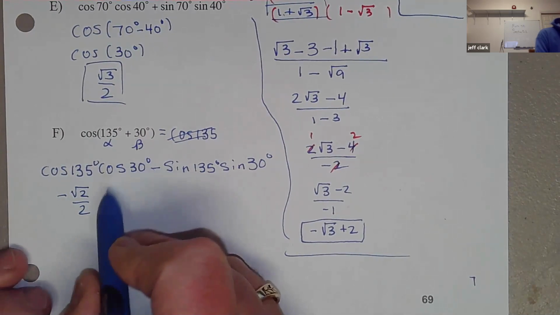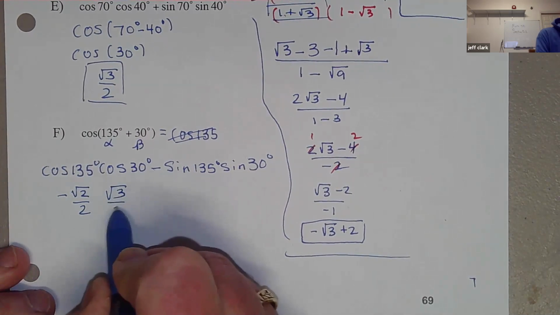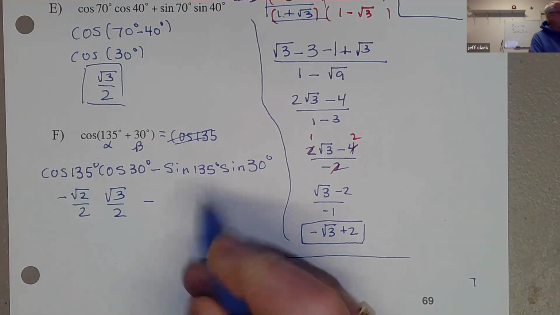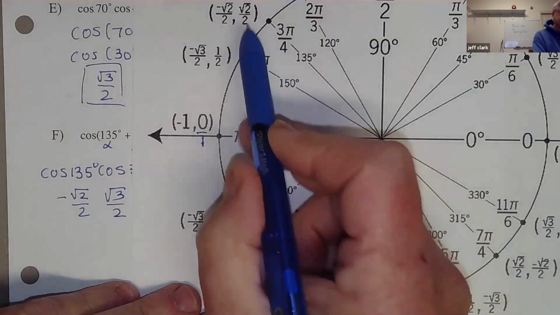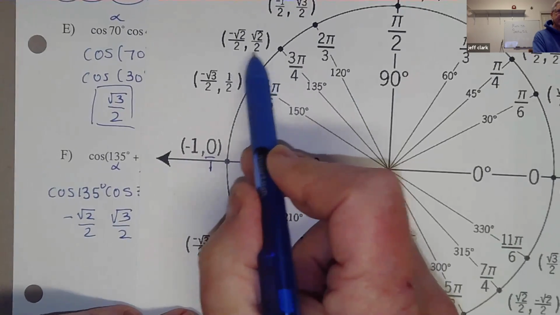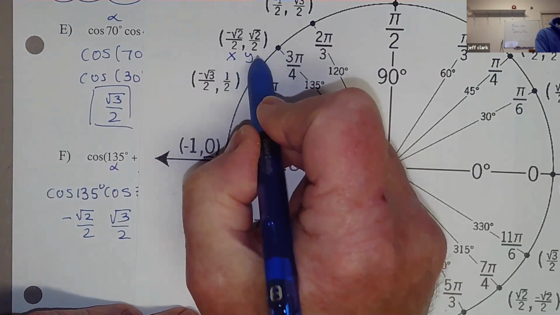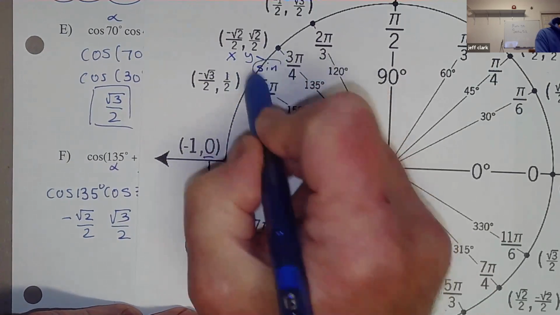Cosine of 30, I have that one memorized, root 3 over 2, minus, okay, sine of 135. I think that was positive. Yeah, there it is right there. Sine is the y value. Remember, this is your x and this is your y, and y is equal to sine.